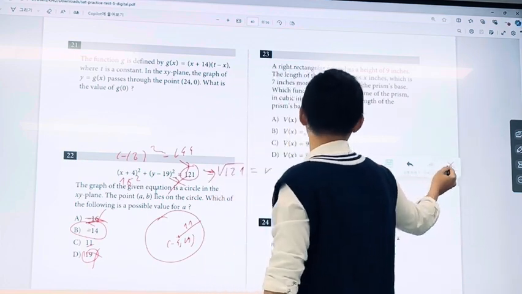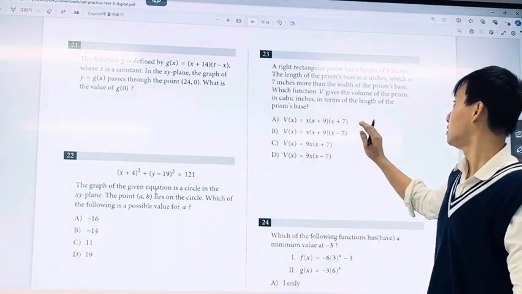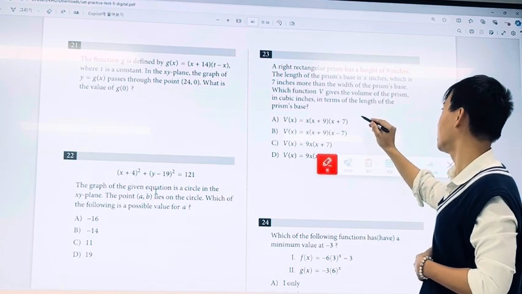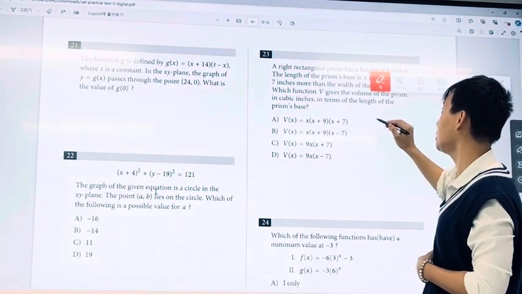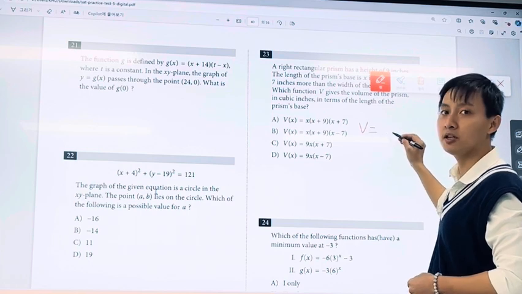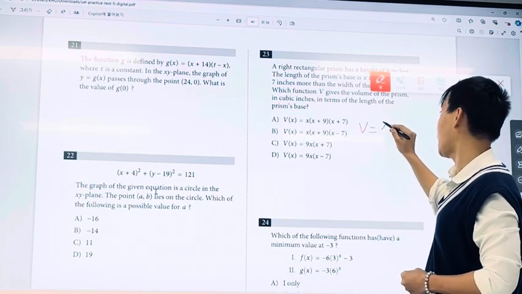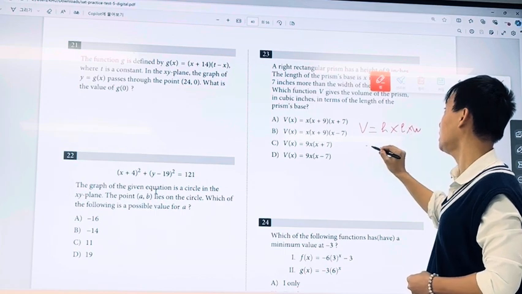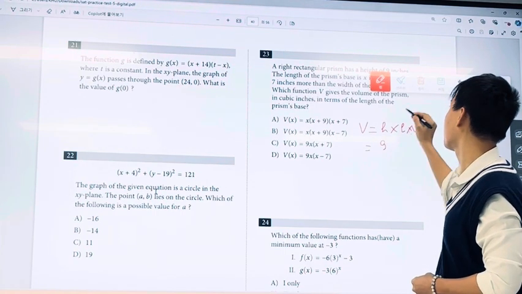Okay. Next one. You are given the height. In a right rectangular prism, the volume equals the height times length times width. Height here equals 9.